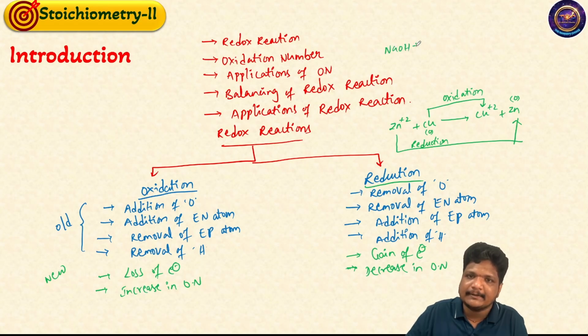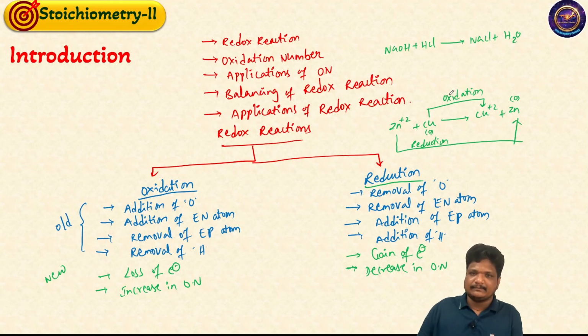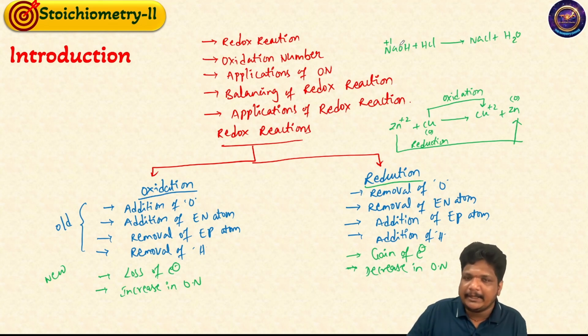Now if you observe NaOH plus HCl gives NaCl plus H2O, is this reaction a redox reaction? Here sodium has plus 1 oxidation state. In OH, oxygen has minus 2 oxidation state and hydrogen is plus 1. In HCl, hydrogen is plus 1 and chlorine minus 1.